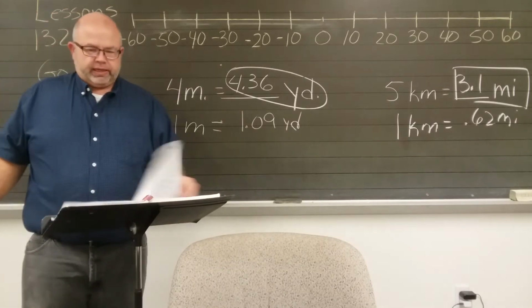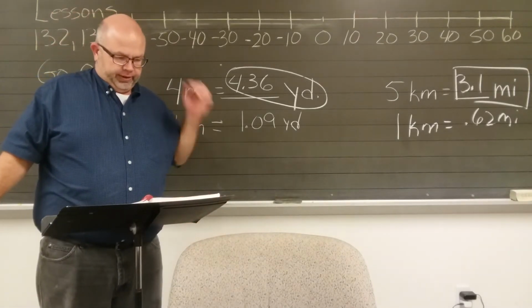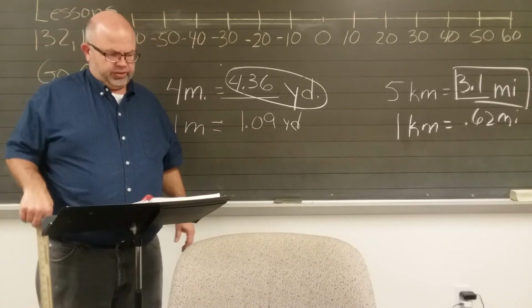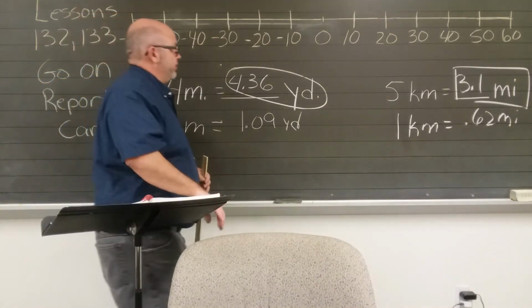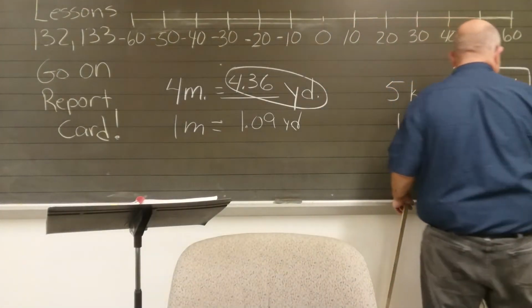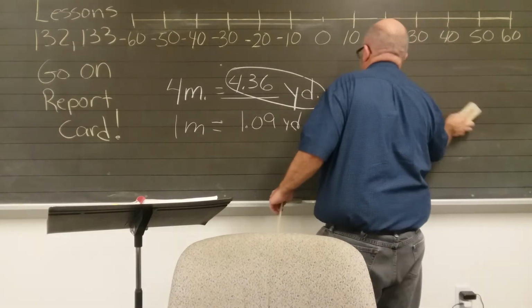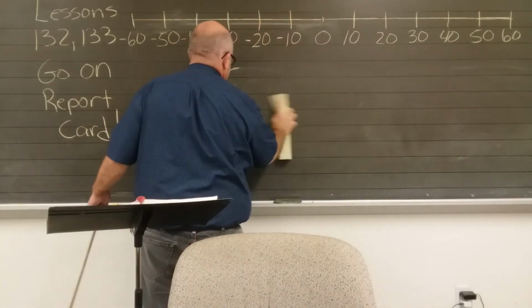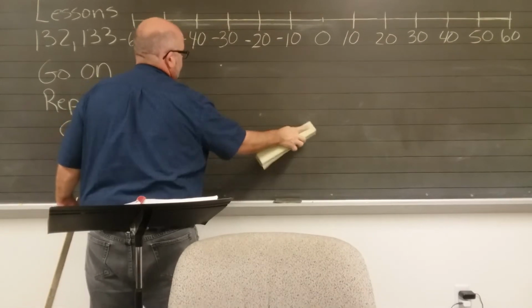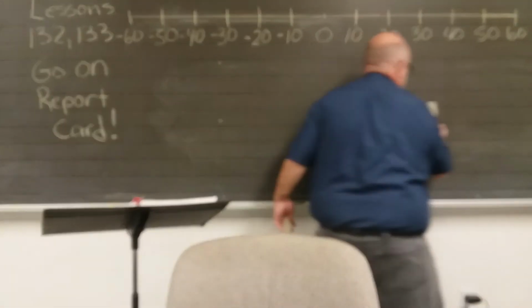All right. Let's look at 133 now. A few things with a number line and signed numbers. So far, except for when we're talking about some temperatures, negative degrees, we've mostly been working with positive numbers, 0 on up, okay?